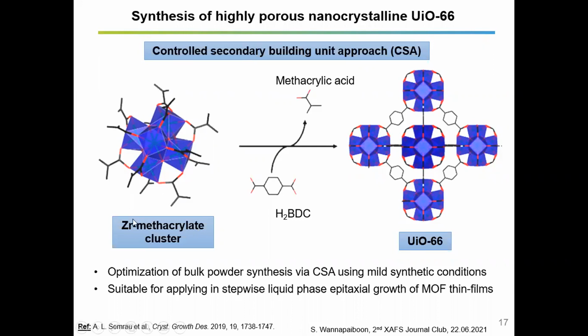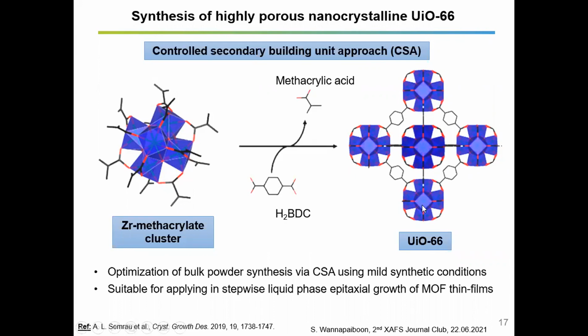In this case, it is the zirconium methacrylate cluster first, which has basically the same structure as the zirconium node within the UiO-66 MOF, and then we use ligand exchange by putting in the BDC ligand, the 1,4-benzene dicarboxylic acid ligand, to exchange with the methacrylate linker here, and then form the periodic structure of UiO-66 at the end.